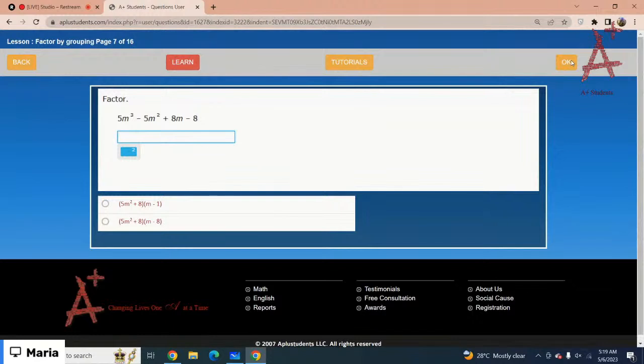The next one is 5m cubed minus 5m squared plus 8m minus 8. So which is the correct option? The correct option is option number 1. It would be 5m squared plus 8 times m minus 1.